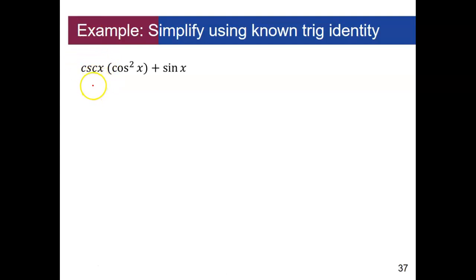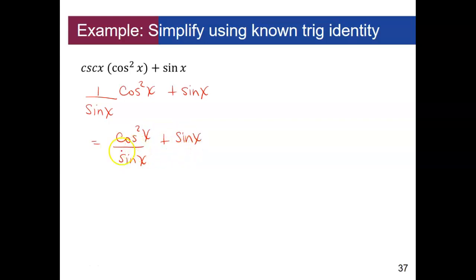So in the place of cosecant of x, we're going to put 1 over sine of x times cosine squared of x plus sine of x. So this is going to simplify to be cosine squared x over sine of x plus sine of x.